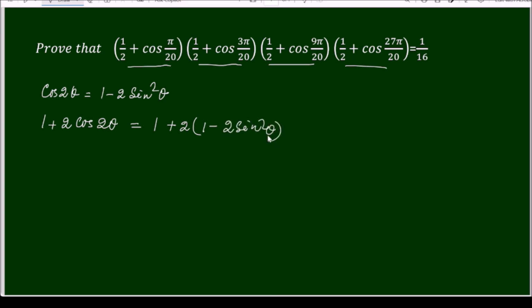Now expanding and simplifying, I'll get 1 plus 2 minus 4 sin square theta, so 1 plus 2 cos 2 theta equals 3 minus 4 sin square theta.